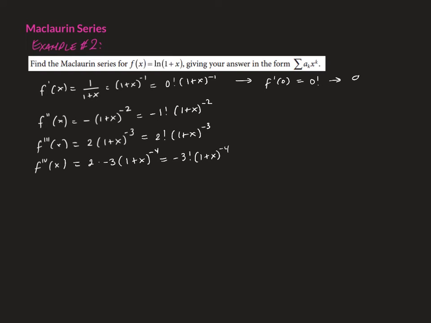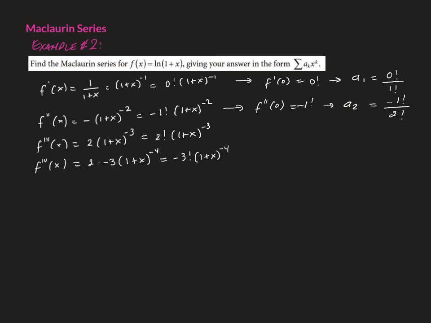Therefore, the first term is going to be 0 factorial over 1 factorial. Then the second derivative at 0 is negative 1 factorial. So the second term, a2, is going to be minus 1 factorial over 2 factorial.